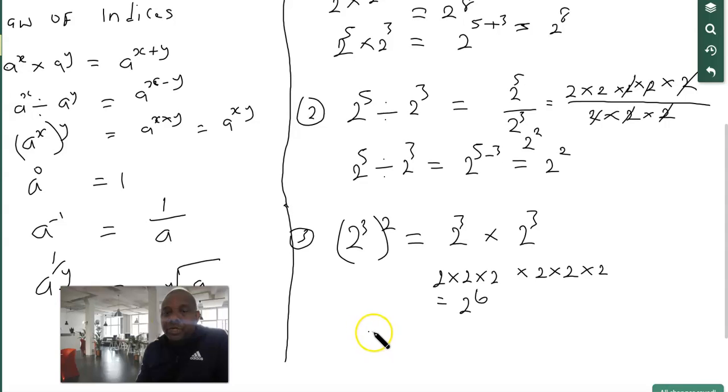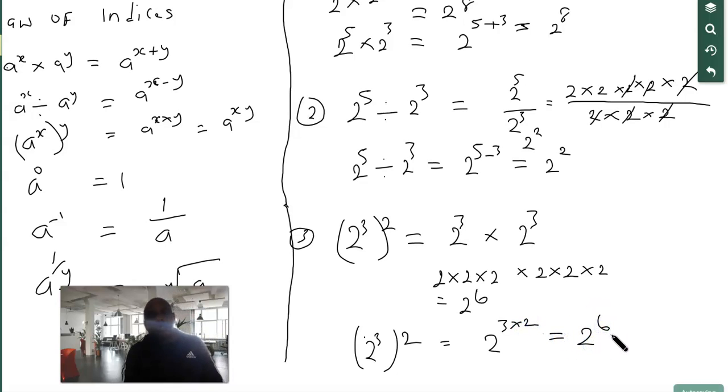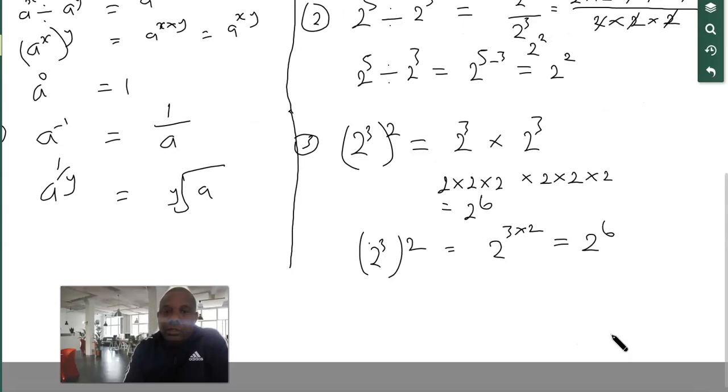Using the law of indices, 2 raised to 3, all raised to 2, is 2 raised to 3 times 2, which is equal to 2 raised to 6. So it corresponds with the laws. So we'll take the fourth one.